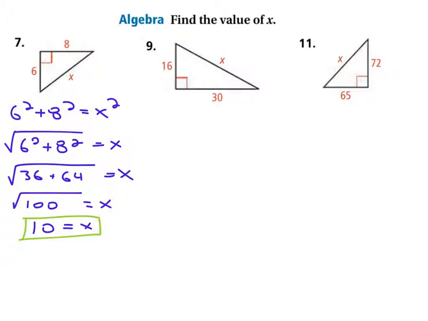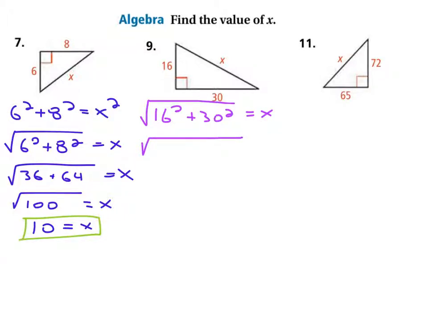Okay, keep going. We've got 16 squared plus 30 squared equals x squared, or I'm just going to start writing it like this: the square root of 16 squared plus 30 squared equals x.